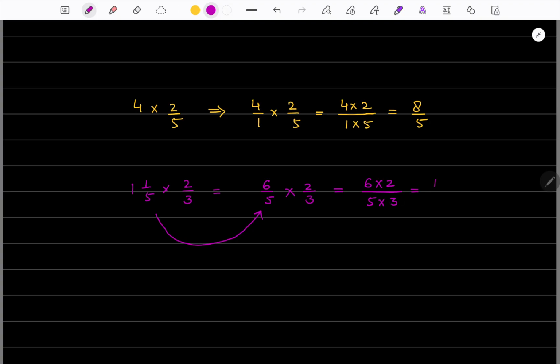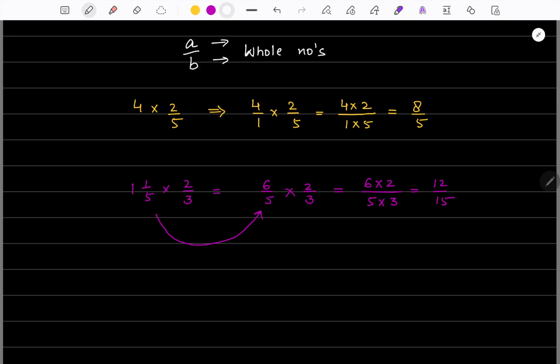So the answer here is 12 by 15. So in these examples, we saw that whenever we have a whole number or a mixed fraction, we have to first convert that into a by b form, that is the form of fraction where a and b are whole numbers.